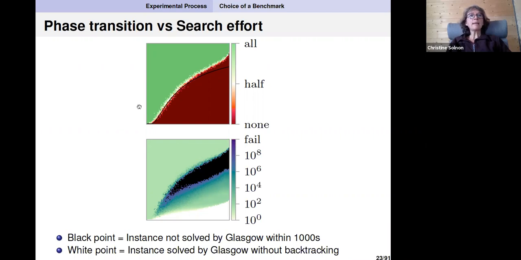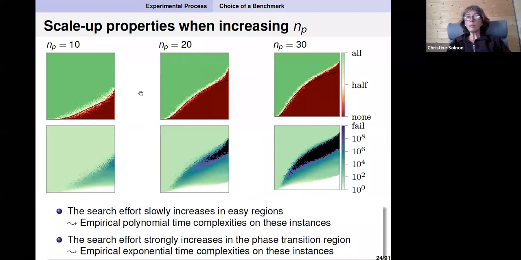Now we can look at scale-up properties. So here we have instances with only 10 pattern nodes, whereas here we have instances with 30 nodes in the pattern graphs. And here we plot the phase transition, and here we plot the difficulty of solving. So we can see that if we consider instances which are in easy regions, we observe empirical polynomial time complexities.